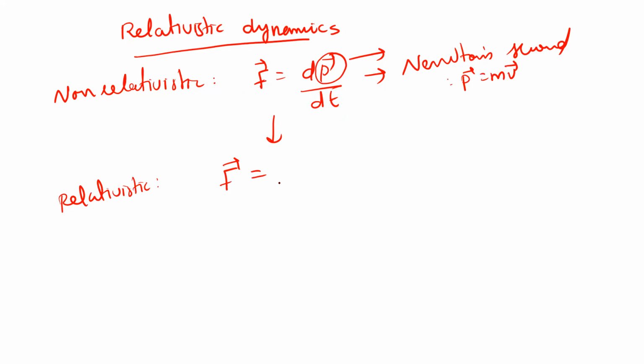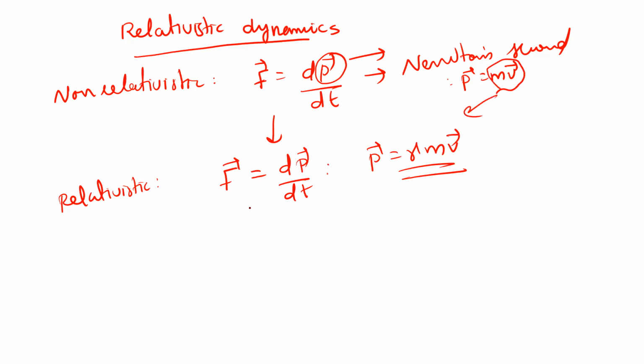In relativistic, this is equal to dp by dt, only thing is that you should have p is equal to gamma m v vector. So if you change the momentum to the corresponding relativistic momentum, you get the relativistic dynamics. This is simple.